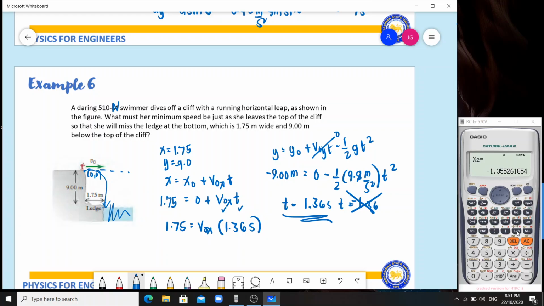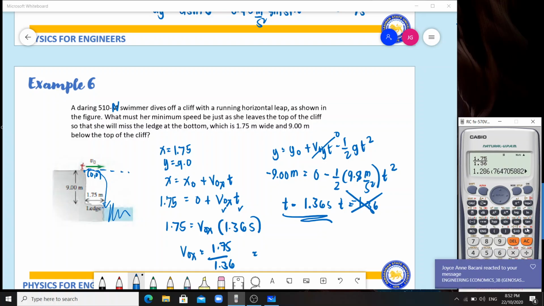Ayan. So, ang VOX natin would be 1.75 divided by 1.36, which is equivalent to 1.29.